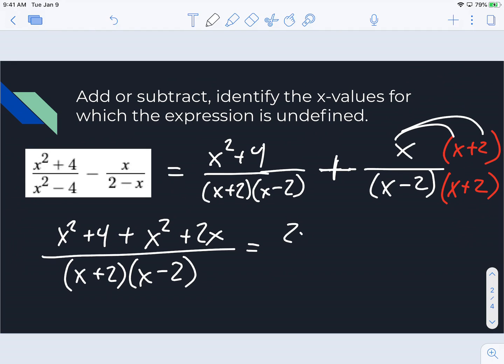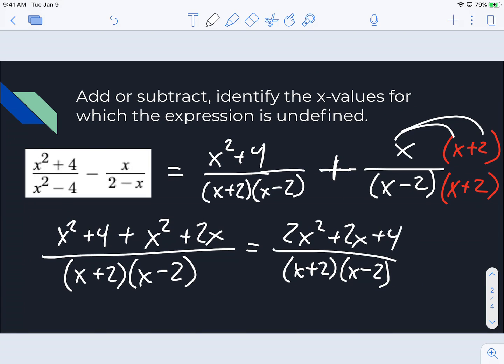And that's going to give us 2x squared plus 2x plus 4 all over x plus 2, x minus 2. And we could factor a GCF out of the top, but it doesn't really do anything for us because we're not going to be able to cancel anything from the bottom anyway. So we'll just leave it, and x cannot equal positive or negative 2 from the plus 2 and the minus 2.